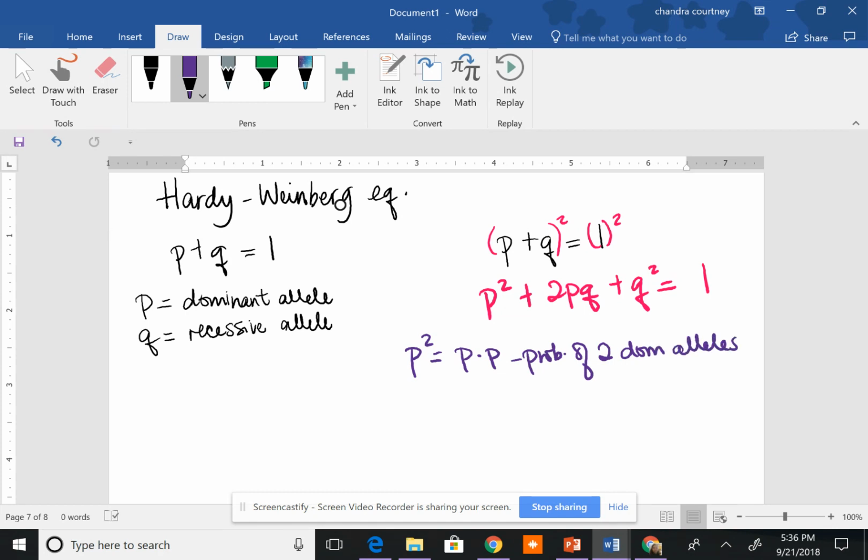Well, if you have two dominant alleles, for example, big W and big W, that's just like being homozygous dominant. So really, P squared is the probability that you can be homozygous dominant for whatever that gene is.